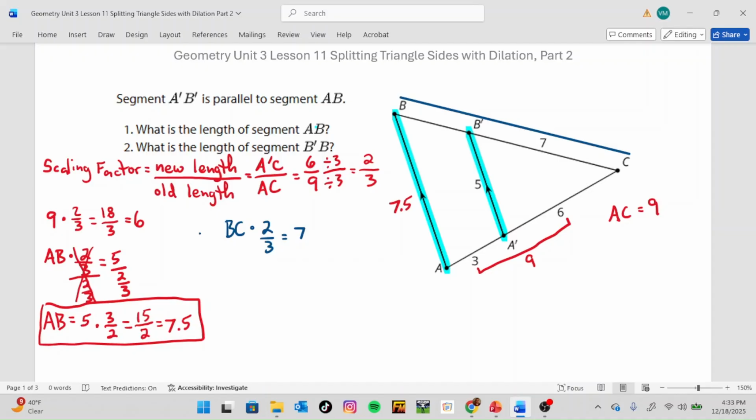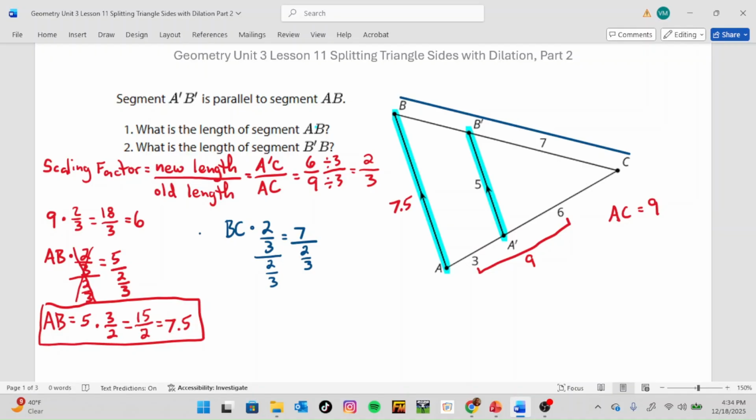So now we need to solve for BC. The opposite of multiplying by 2/3 is dividing by 2/3. And whatever I do to one side, I have to make sure I do it to both sides.